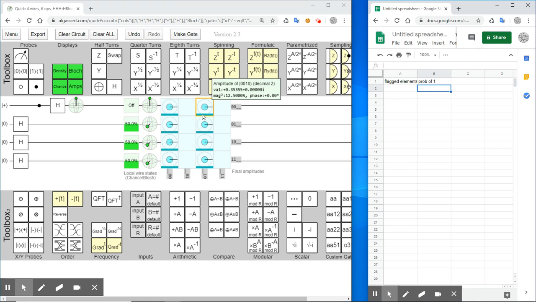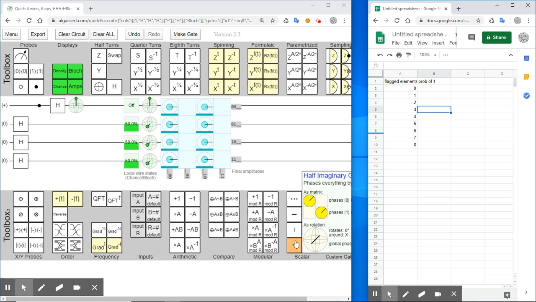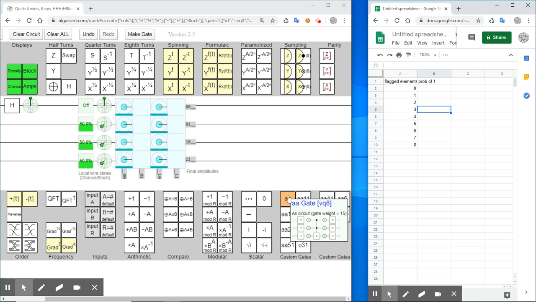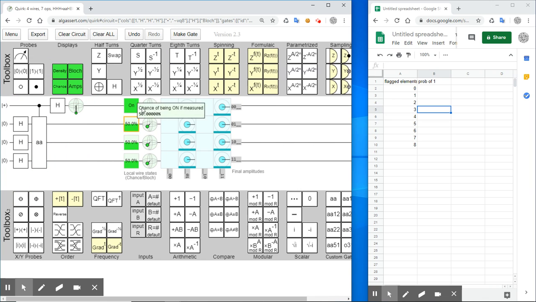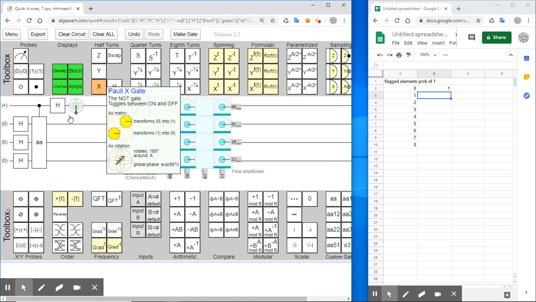What I want is the probability of 1 in the Z basis. And we want to have 0, 1, 2, 3, 4, 5, 6, 7, 8. So with 0, we've got just the amplitude amplification, right? There's nothing here that's been done. We've got amplitude amplification, and we've got a 100% probability of measuring 1.